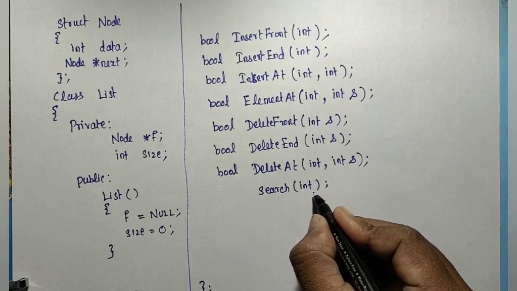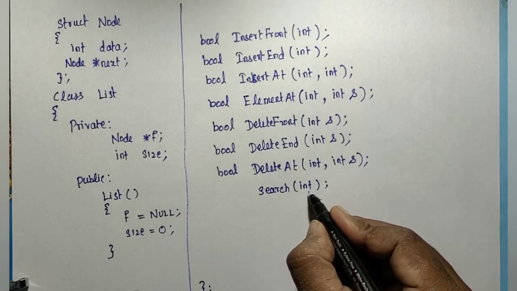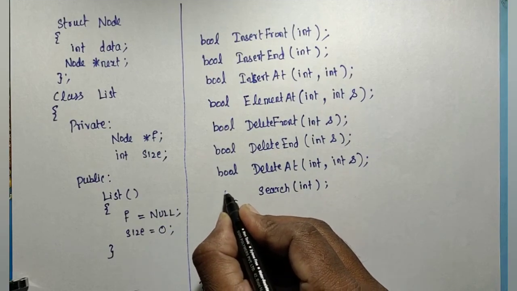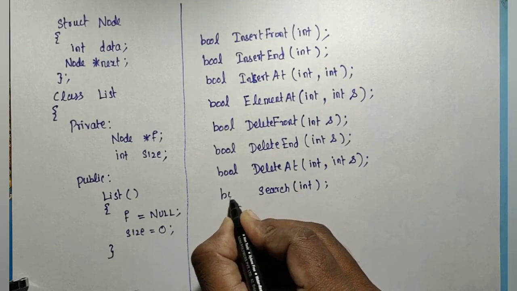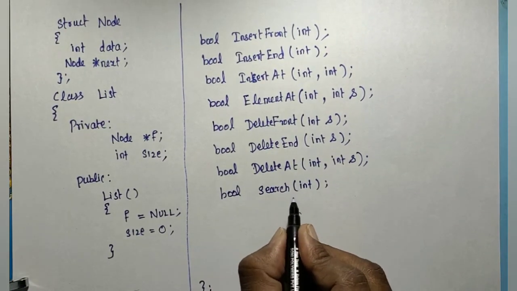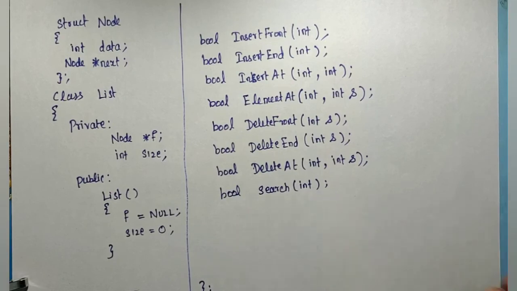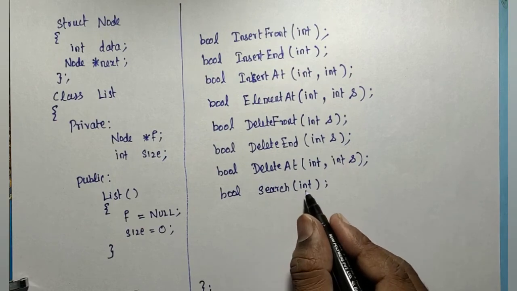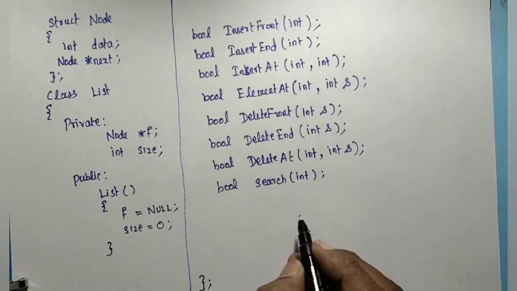Here I am going to design it like this: the element I am going to pass as an input, and then it says whether the element is found or not. So boolean. Or we can modify the search so that if it is found, we can also obtain the position of that element, where it is presented. We can do that. But simply I am going to search that element whether it is present or not.